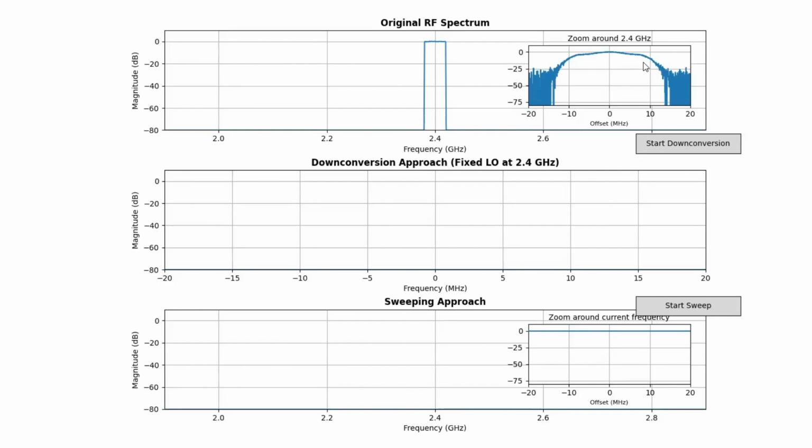As you know, a spectrum is the information of the signal in frequency domain. So for that, we need to use Fourier transform to convert our signal from time domain to frequency domain.